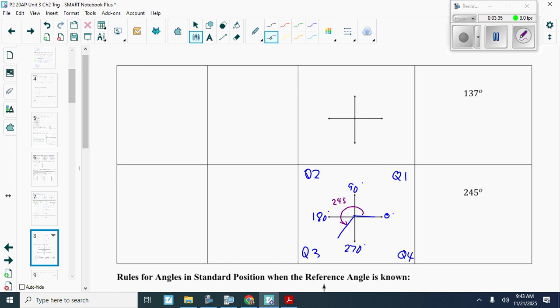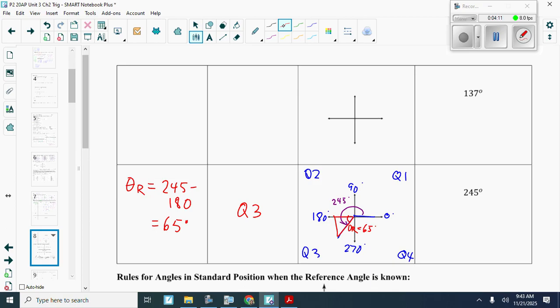We know that was 245, and when you do your reference angle, again, always coming down off of the x-axis, we said we were in quadrant 3, and we ended up saying our reference angle would be 245 subtract 180, which gives us 65 degrees.